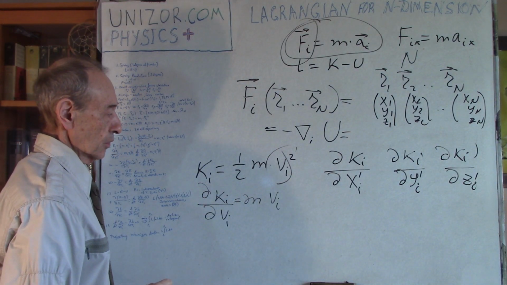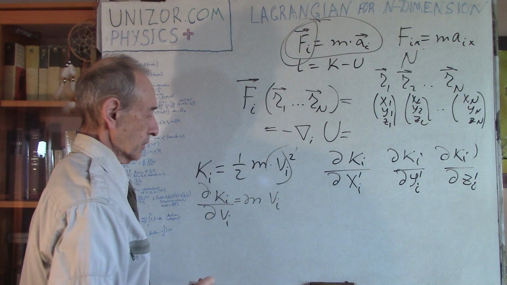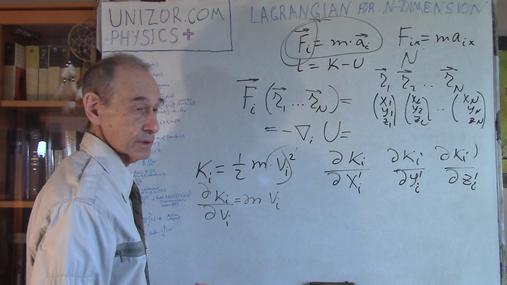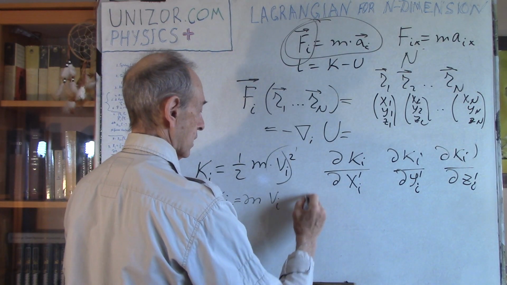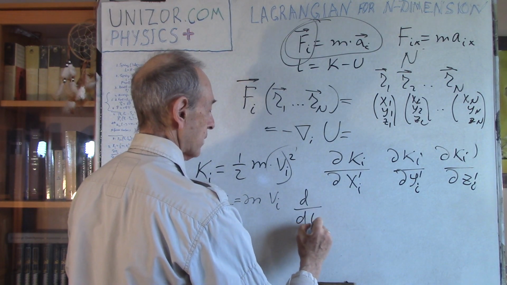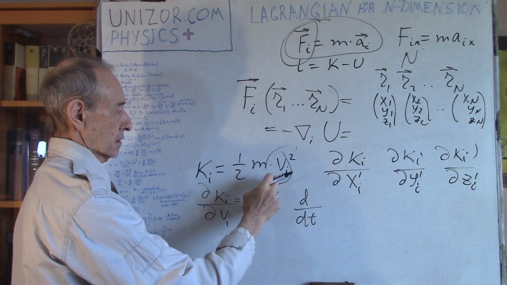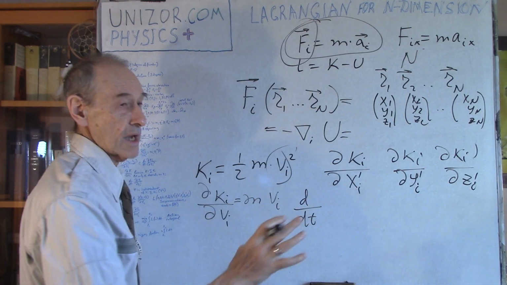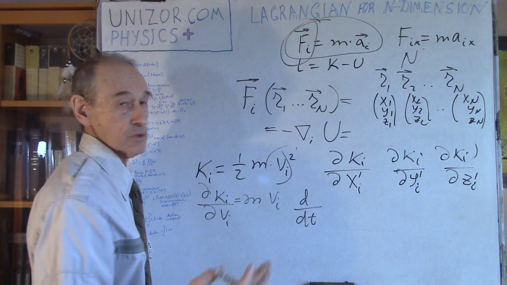Okay, what if I differentiate it again? Differentiation of speed is acceleration, right? So, now I will differentiate it by time. So this is a partial differentiation by v_i, so time is not involved.